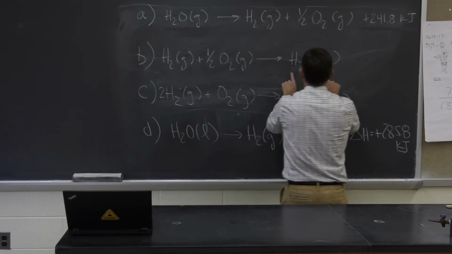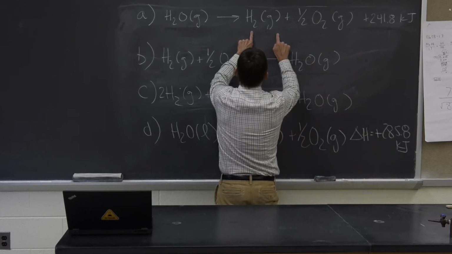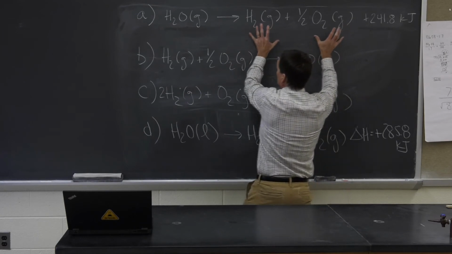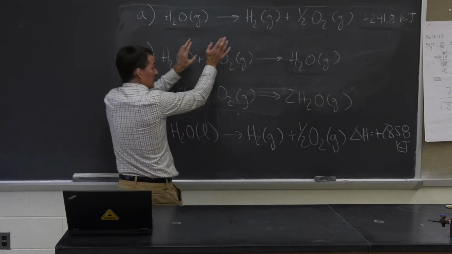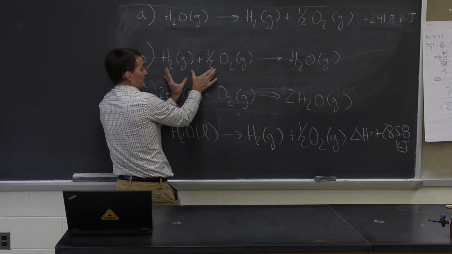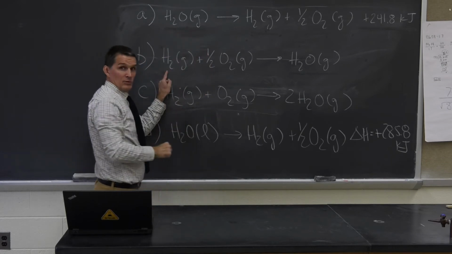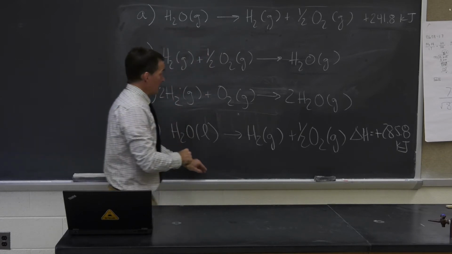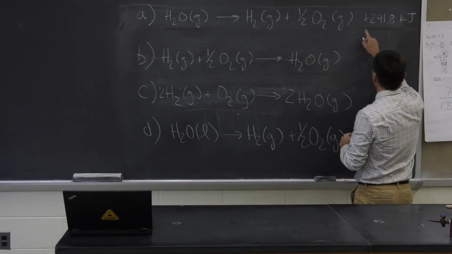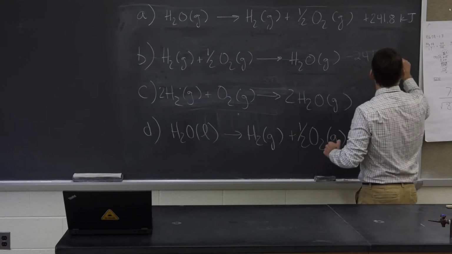Over here, H2O gas is my product. Here, H2 gas, hydrogen gas, and half a mole of oxygen gas, those are my products. Those identical products in this reaction are the reactants in this particular reaction. So I see that this reaction is the opposite of this one. It's the perfect opposite. And because of that, all I have to do to find the enthalpy change for this particular reaction is just change the sign. Negative 241.8 kilojoules.